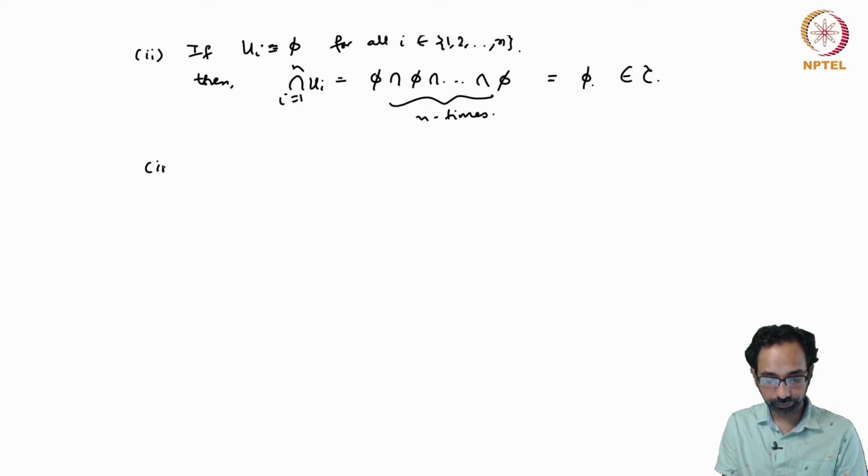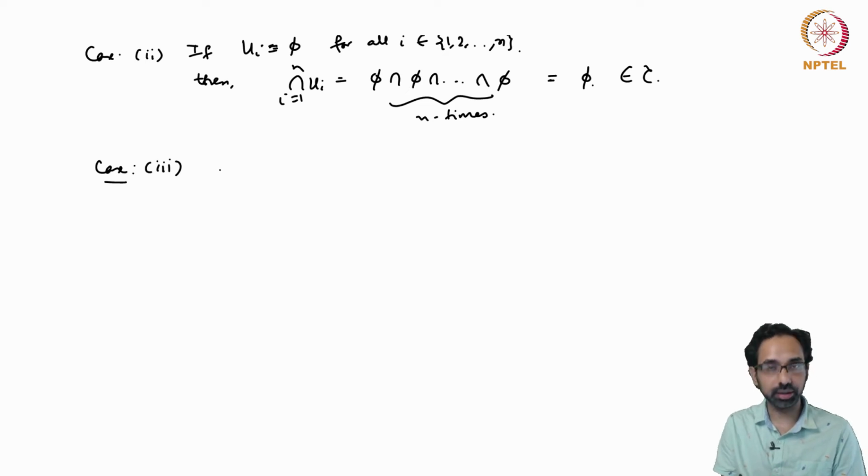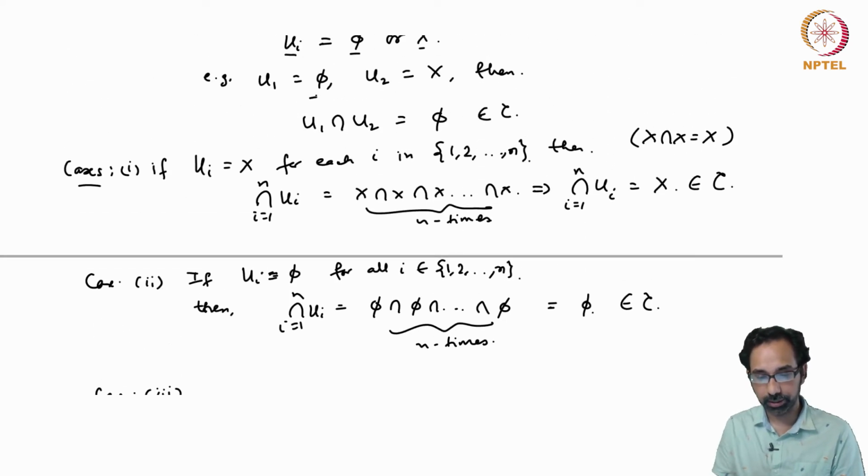And thirdly, so this is the second case, and the third case is that when you have mixed values, like our previous example, one was phi and the other one was X, and the intersection was phi.